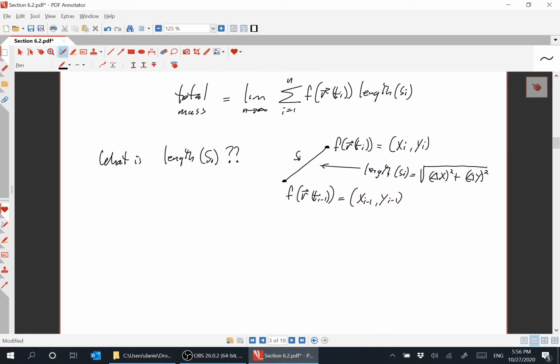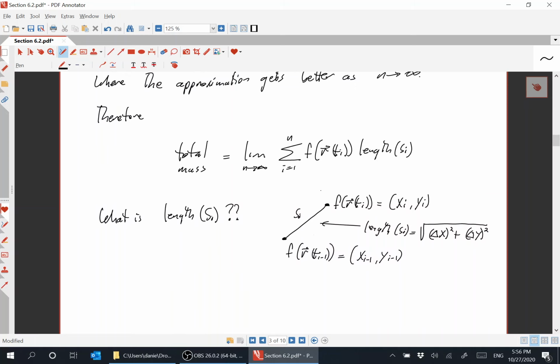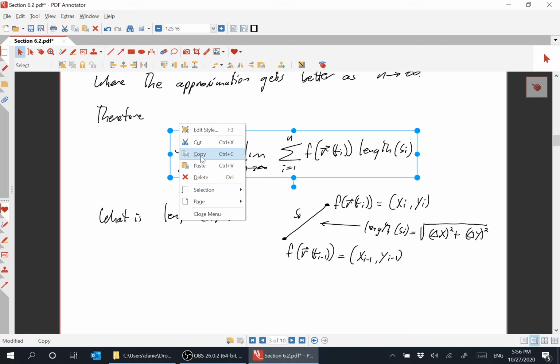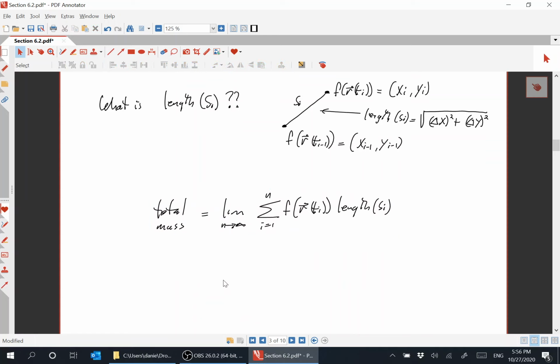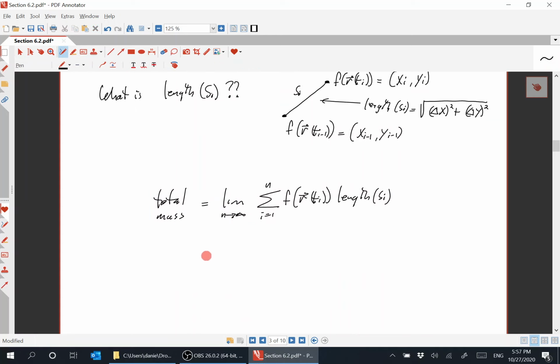Okay, so going back to here, this is the limit as n goes to infinity of the sum i equals 1 to n f of r of t_i, square root delta x squared plus delta y squared.